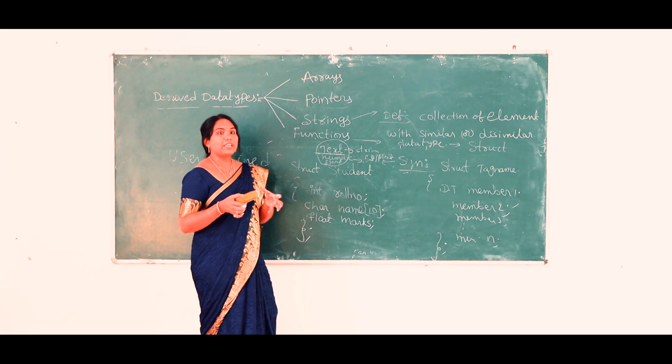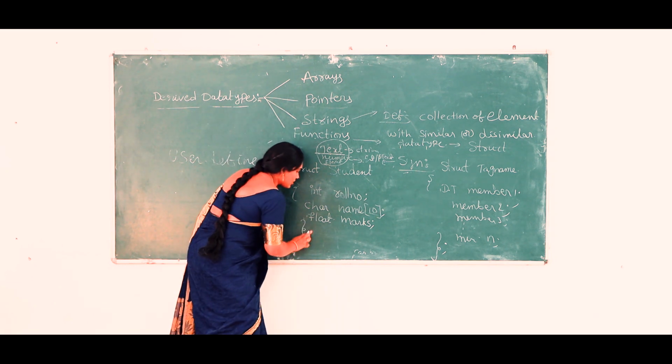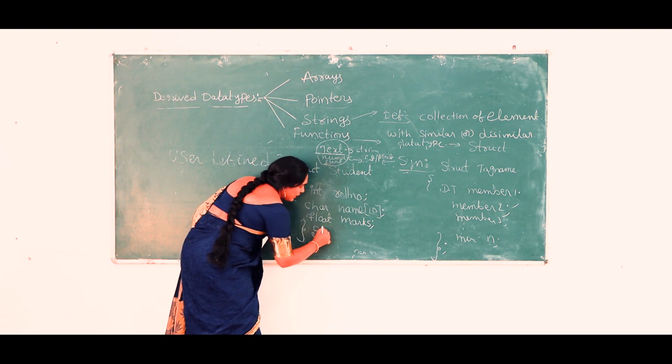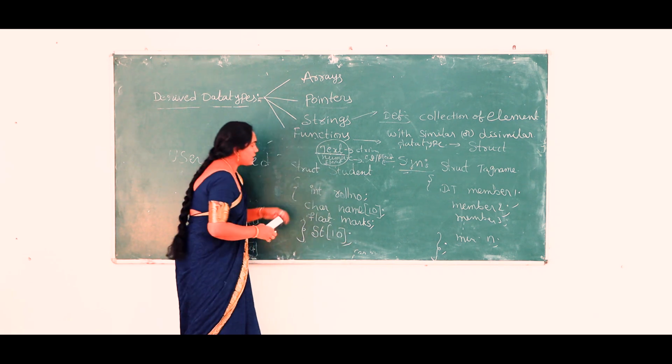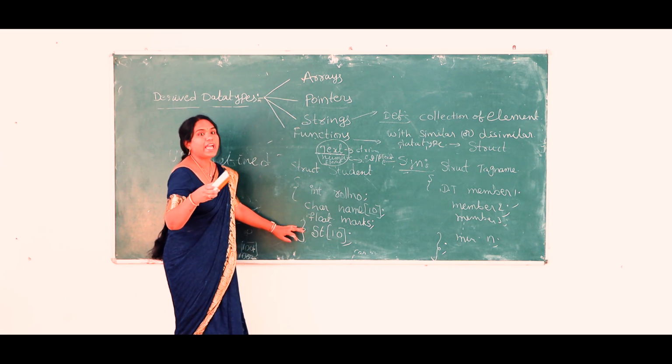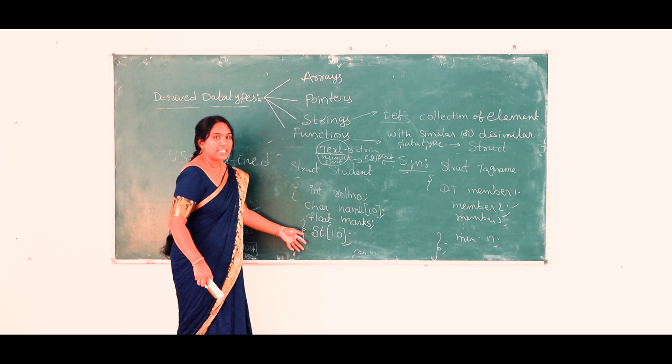By using the combination of arrays. By the combination of arrays, we can enter the data of a number of students by using the structure variable st of 10. Now, this concept is called structure with arrays.